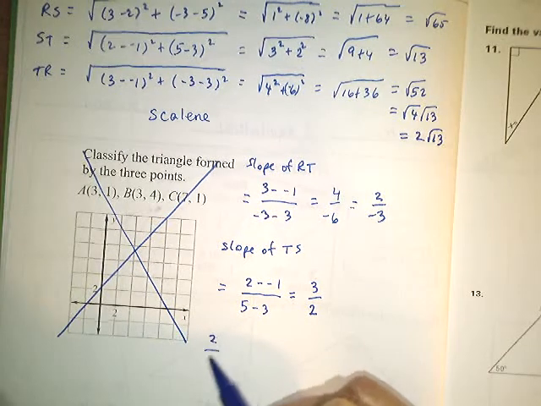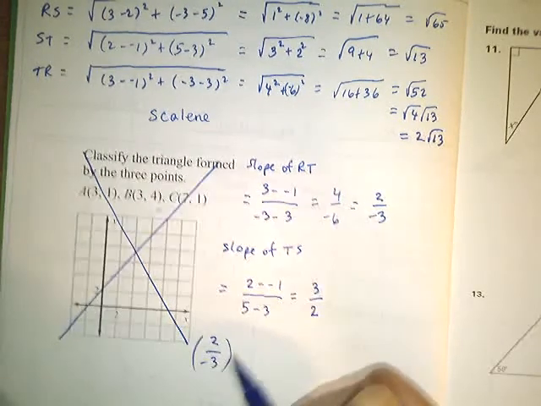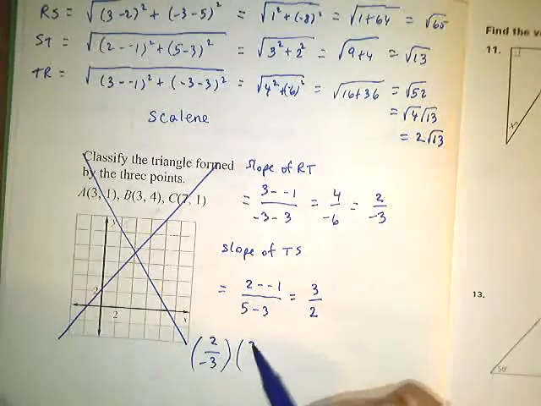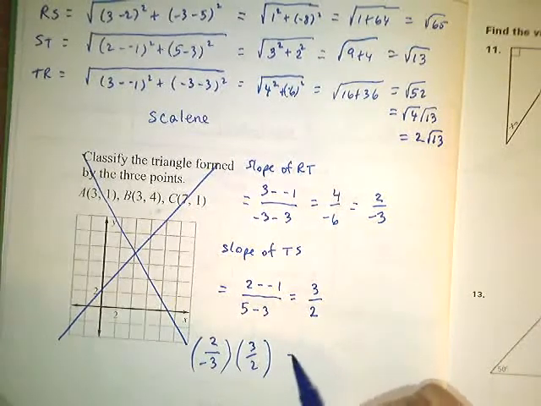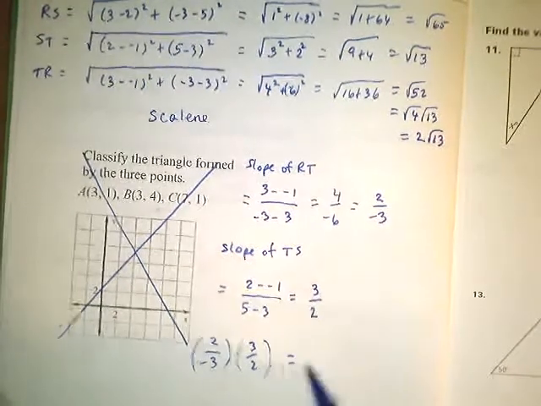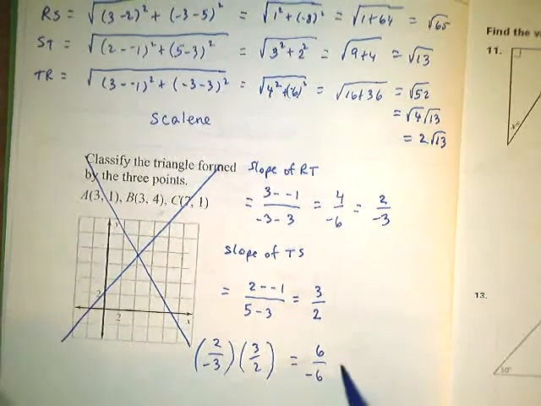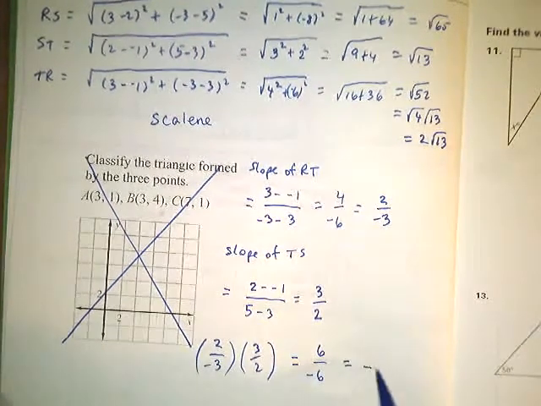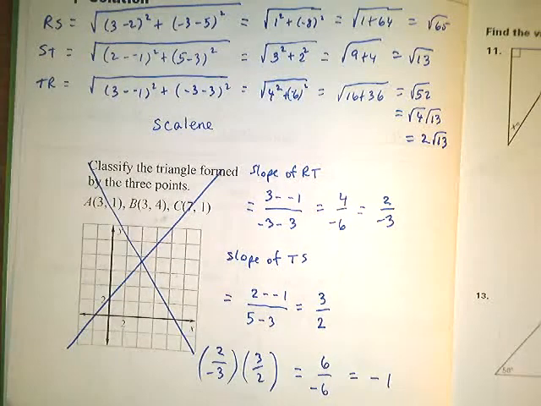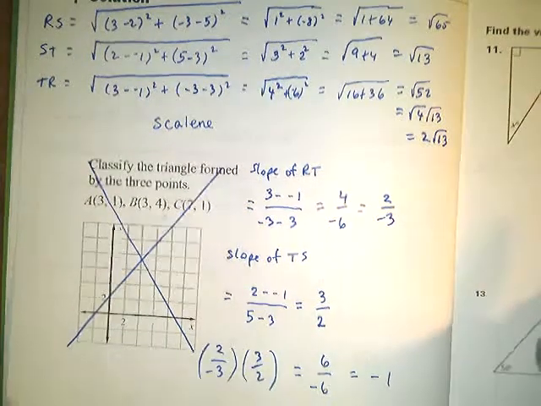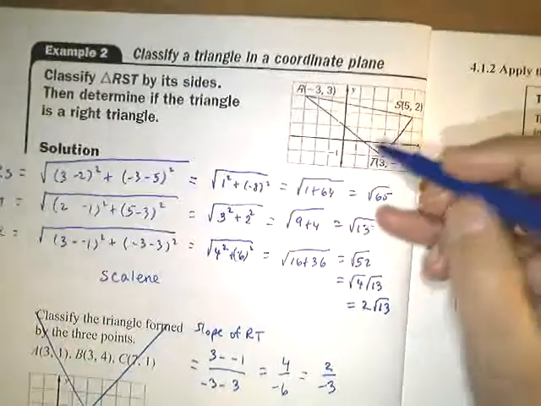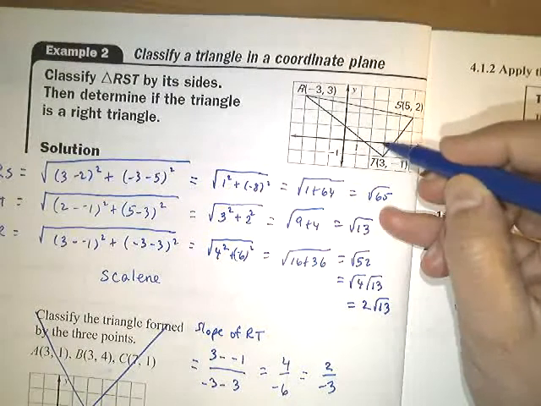So if we multiply the slope of RT times the slope of TS, what number do we get? Well, this on the top would be 6. On the bottom, if we multiply straight across, it's -6. And then 6 divided by -6 is indeed -1. So sure enough, this corner right here is actually a 90-degree angle.